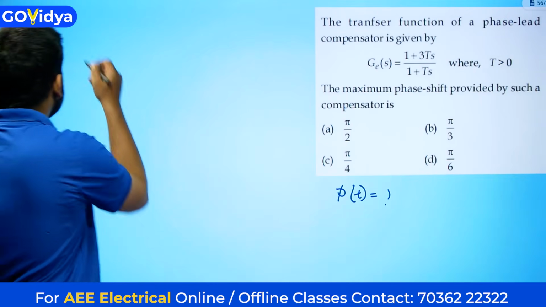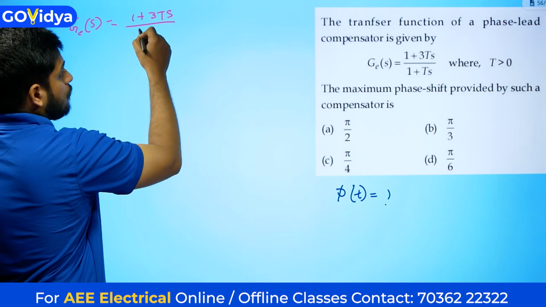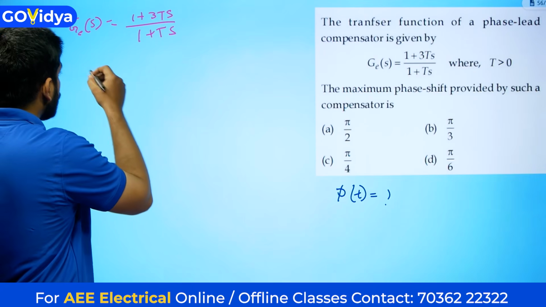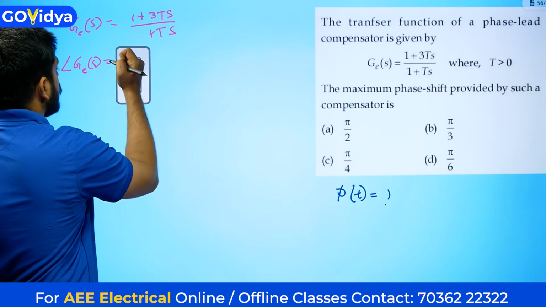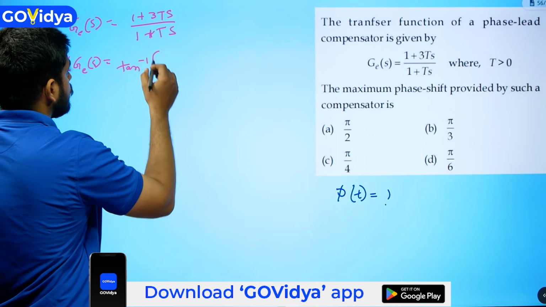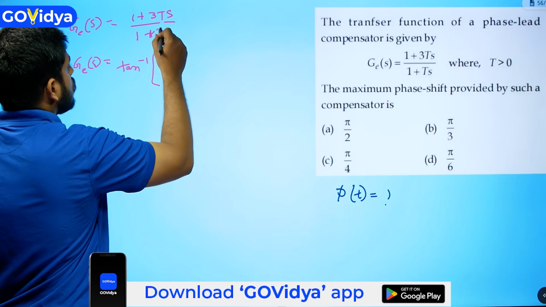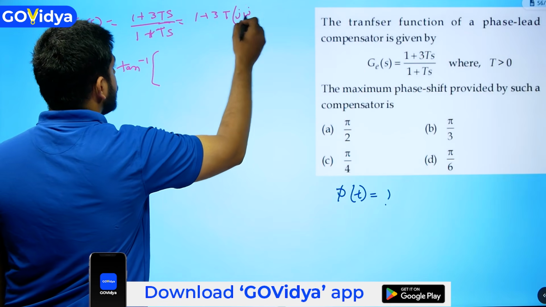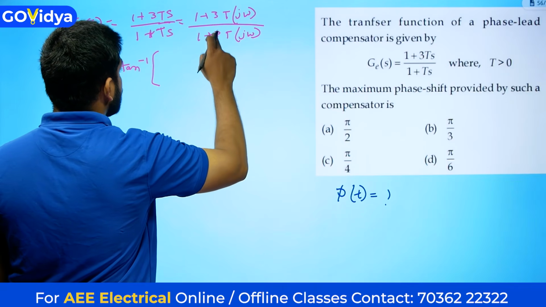Let us see. Gc of s is equal to (1 plus 3ts) by (1 plus ts). Now I'll directly find the angle of this. Gc of s is tan inverse of (1 plus 3t j omega) by (1 plus t j omega).